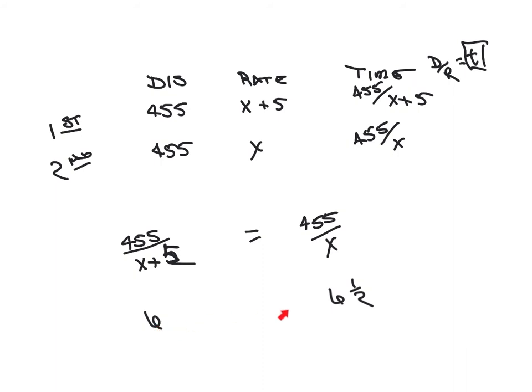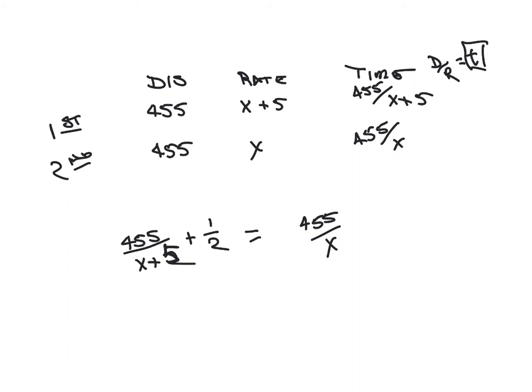So if I want to make the times equal so that I can make the equation equal, I'm going to have to add that half hour to the faster vehicle's time so that it ends up being the same as the slower vehicle's time. I've got to remember to add that half hour, because I'm comparing the times, and to make them equal, I have to get the times the same.